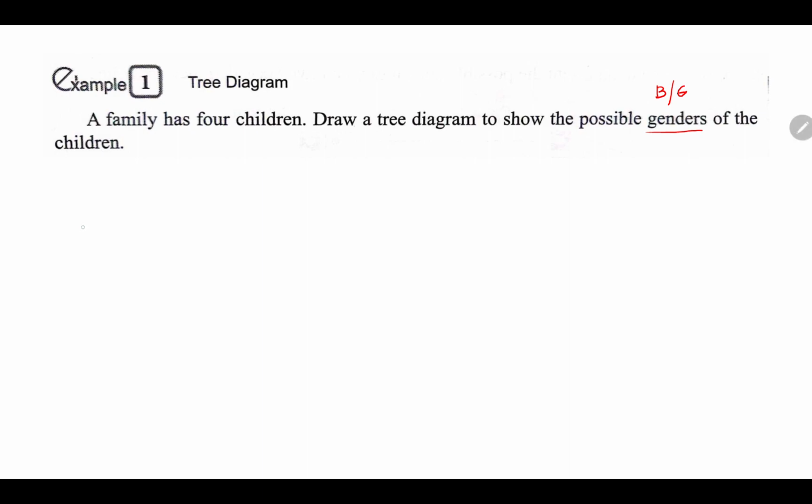If we have a boy, then the first child is a boy. For the second child, we have a boy or a girl, and for the third child, we have either a boy or a girl.